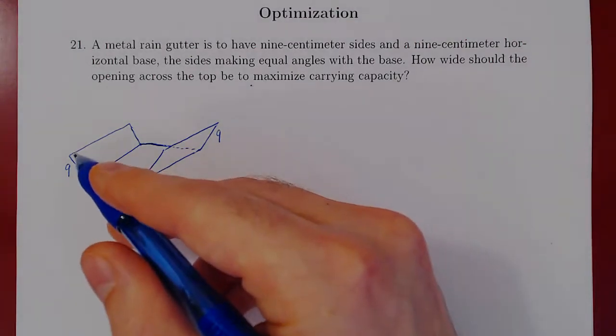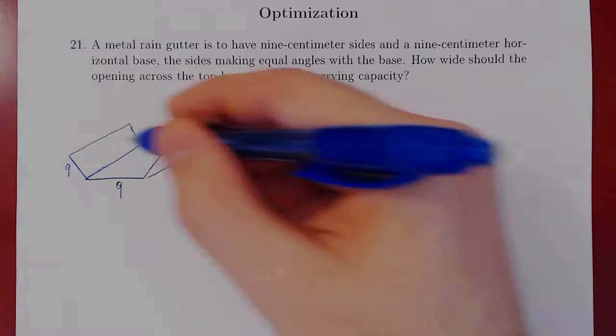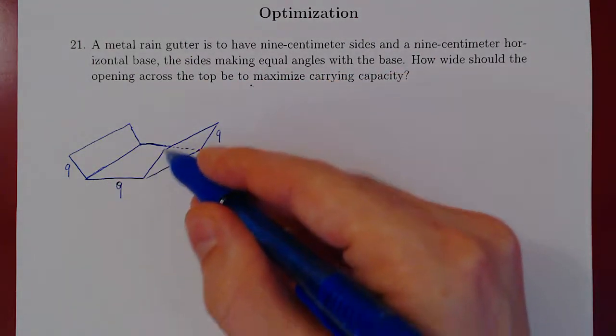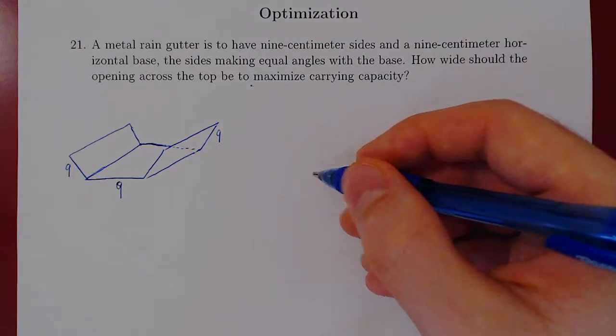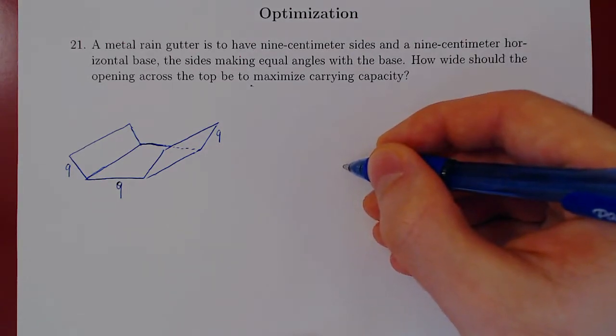So let's just draw a cross section of our rain gutter. If you cut through it, what you get is a simple trapezoid. So let's draw it here and make it a little larger.